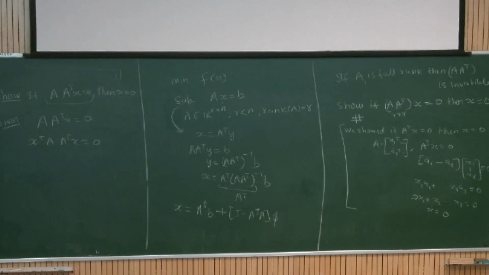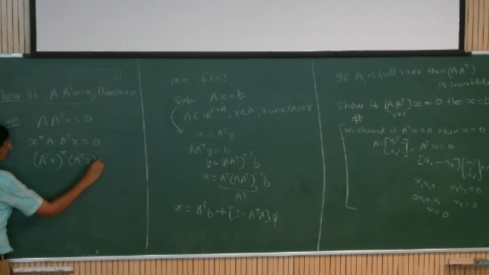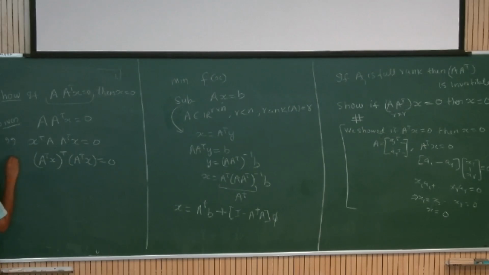This changes anything? I multiplied both sides with X transpose. No. What I will do, I'll write this as A transpose X transpose times A transpose X equal to 0. This is all given. Is this okay? When you do transpose, the elements swap. So it will be X transpose A, X transpose A transpose X. So these are the same terms.